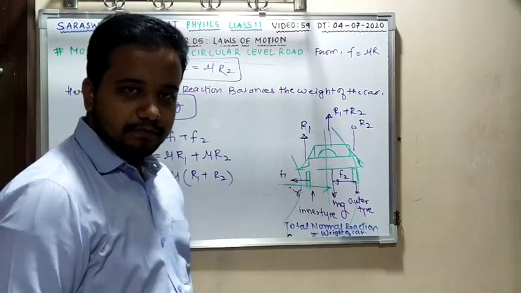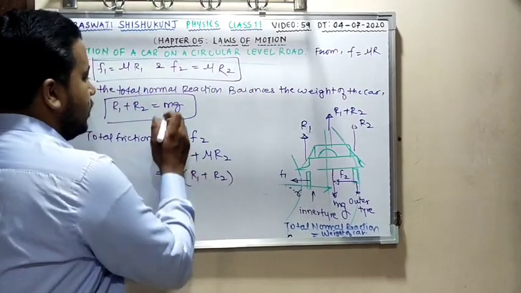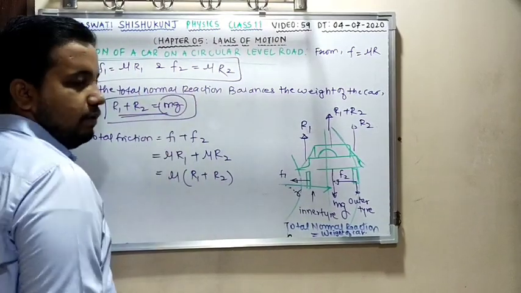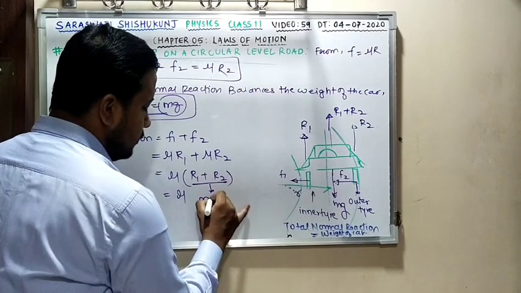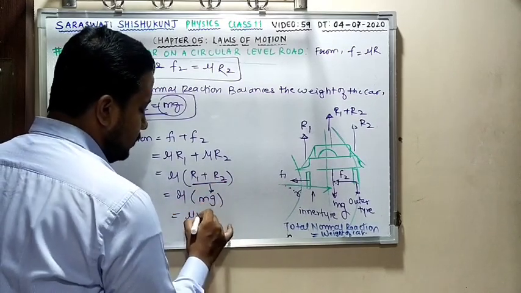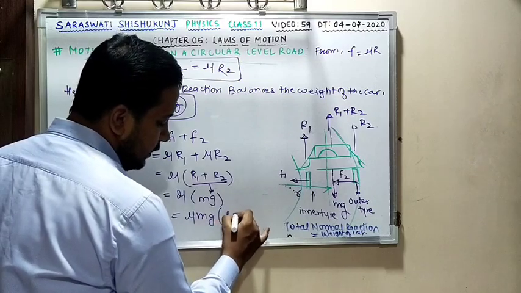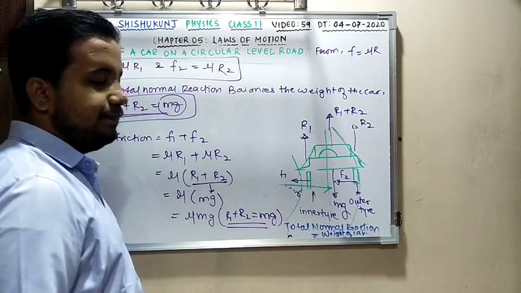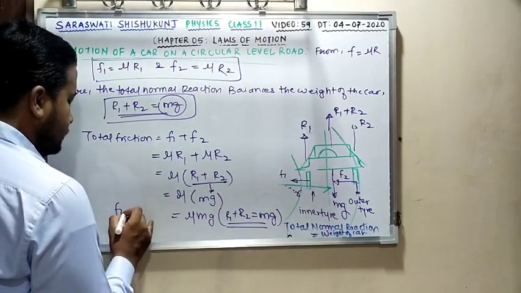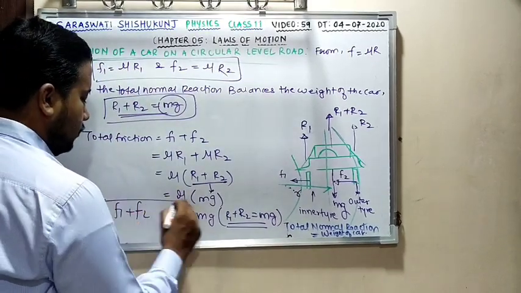But R1 plus R2 is equal to mg, so I substitute that and my answer is mu mg. So the total frictional force F1 plus F2 is equal to mu mg.